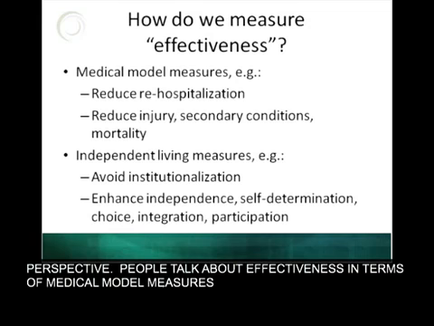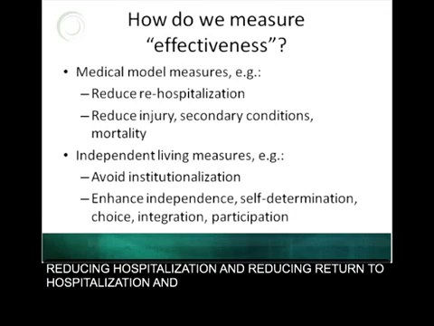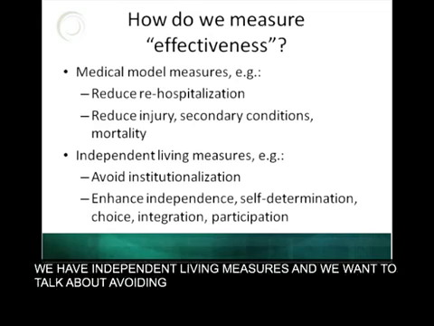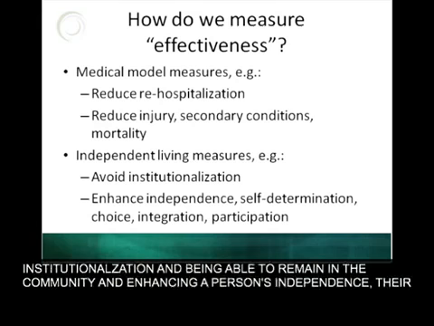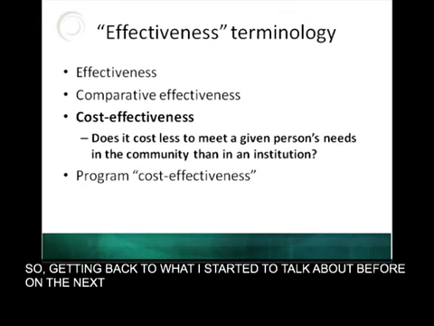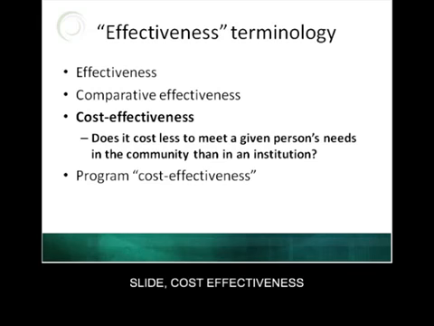People talk about effectiveness in terms of medical model measures such as reducing hospitalization, reducing return to hospitalization, reducing injury, secondary conditions, reducing mortality. Fine, those are good, but they're not enough. We have independent living measures. An obvious one is avoiding institutionalization, being able to remain living in the community. We want to talk about enhancing a person's independence, their ability to participate in the community, their self-determination, and so on.